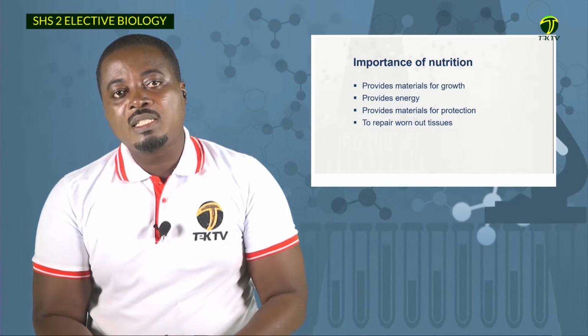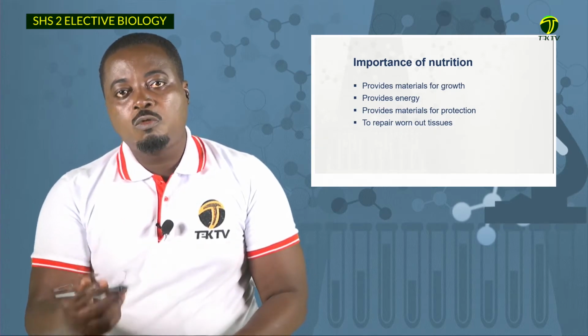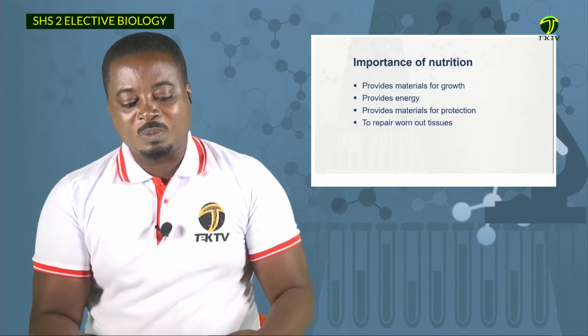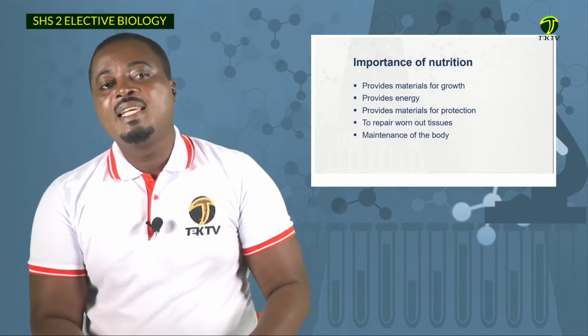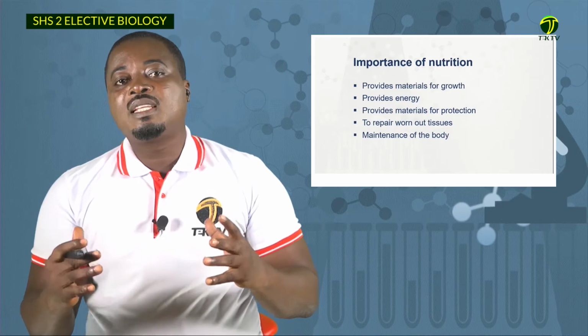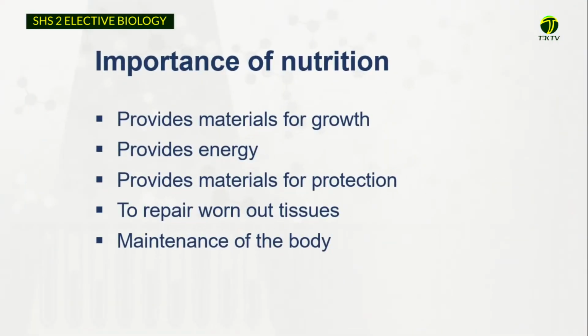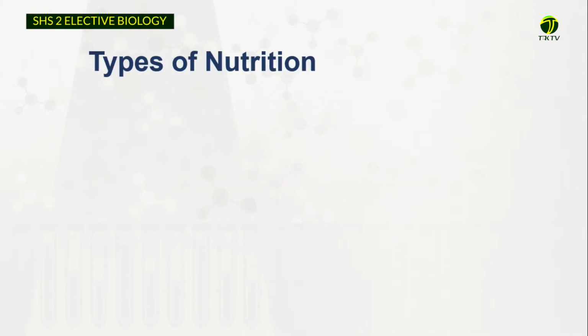How do you repair them? You take in another food to enable you to repair these worn out tissues. Then, general maintenance of the body is mostly as a result of nutrition. So these are some of the importance of nutrition that we look at.